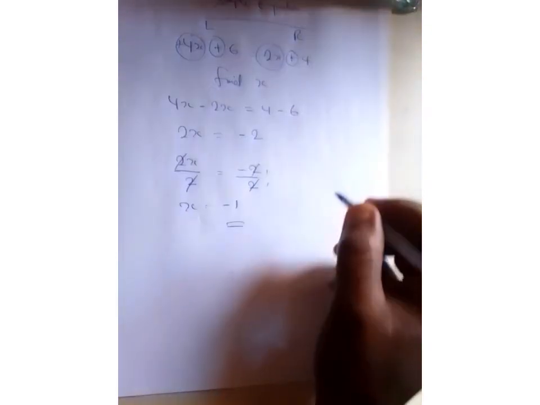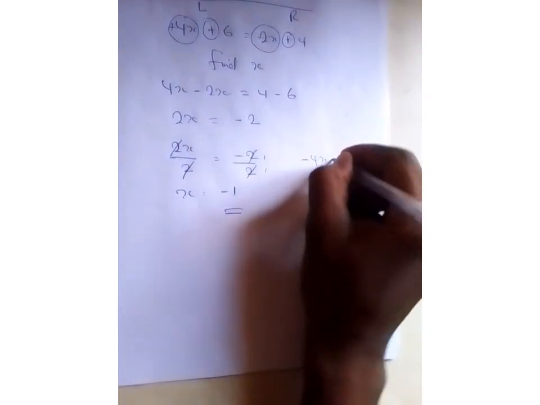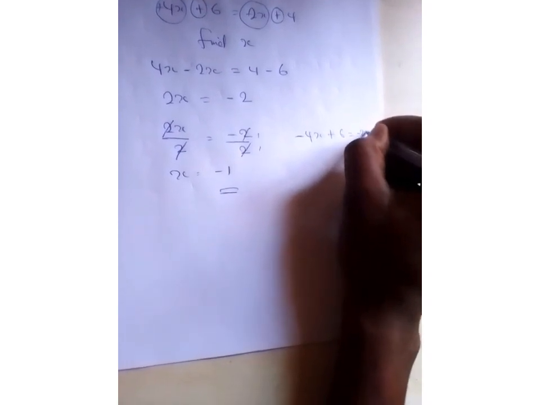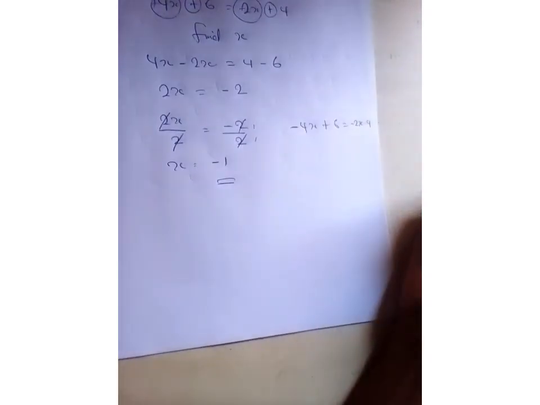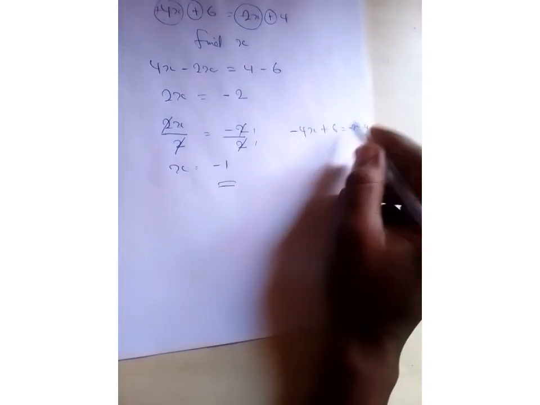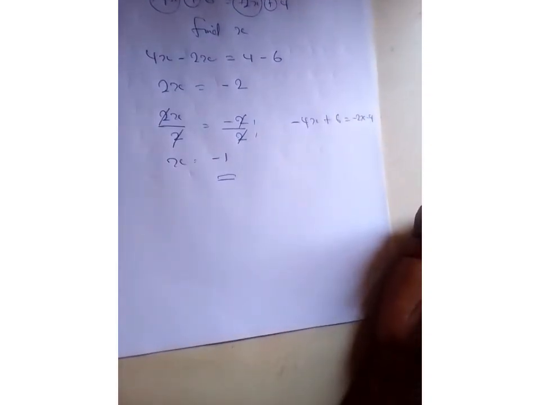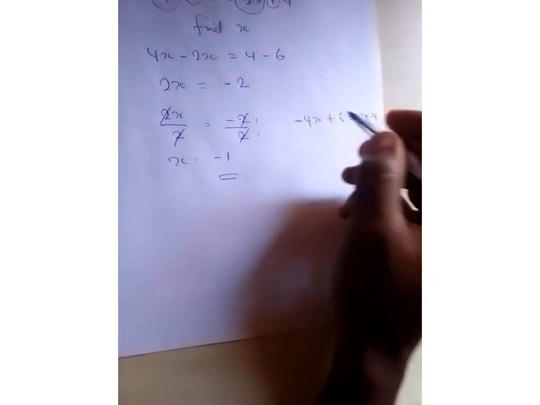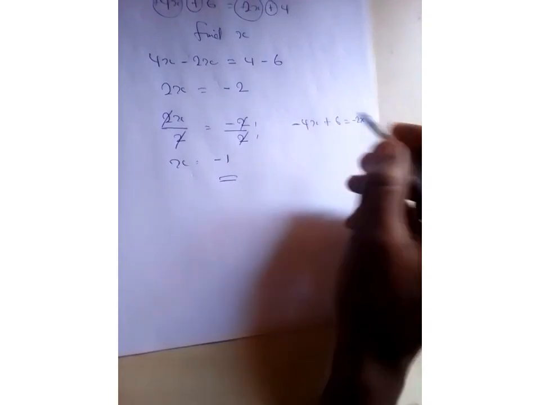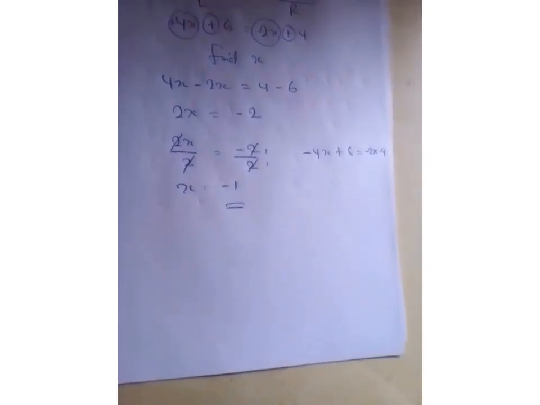But you can also have situations where we have negative 4x plus 6 equals negative 2x minus 4. This is pretty complex and needs attention so as not to make mistakes in identifying the signs, because any mistake in the sign will give you a wrong answer.